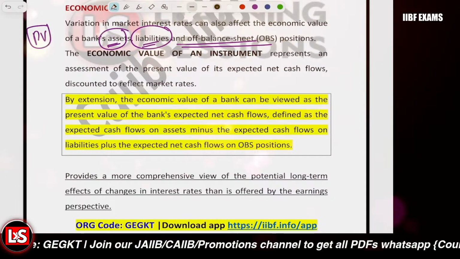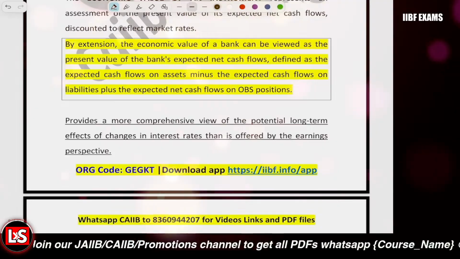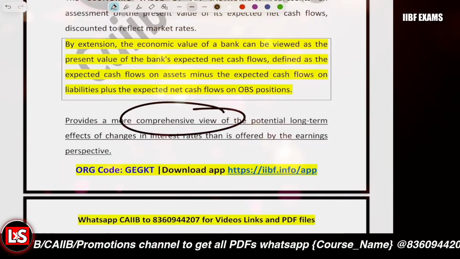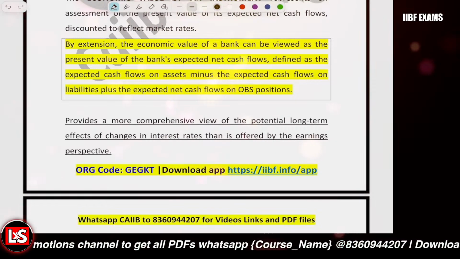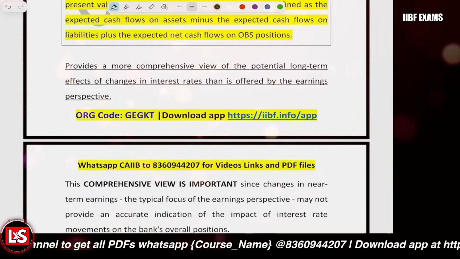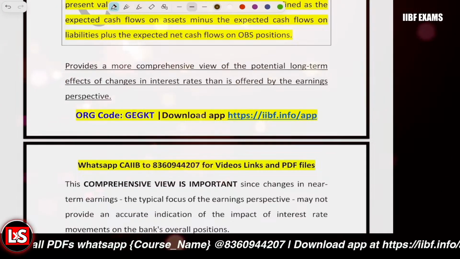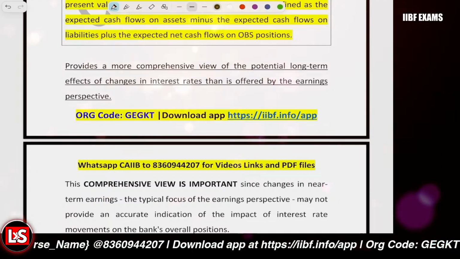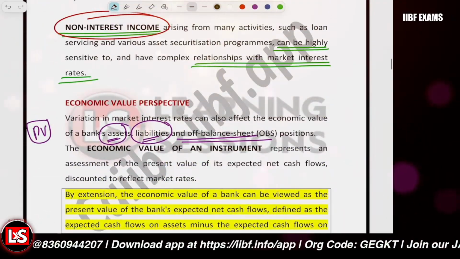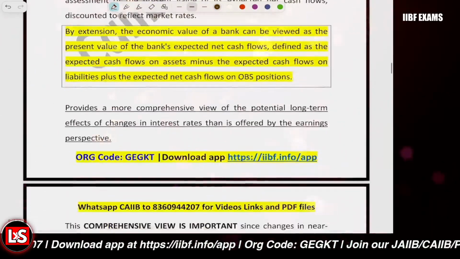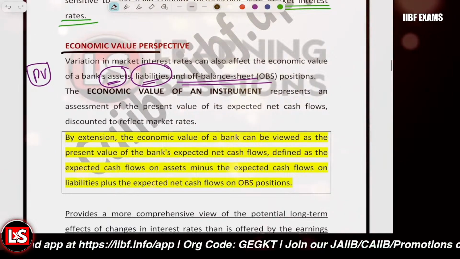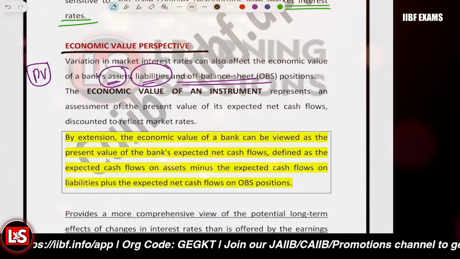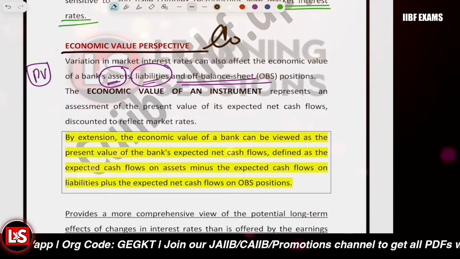This economic value framework is much more comprehensive. Why comprehensive? The earning perspective is based on short term logic, focusing mainly on near term earnings. But when we're talking about the economic value perspective, we are concerned about the long term value.